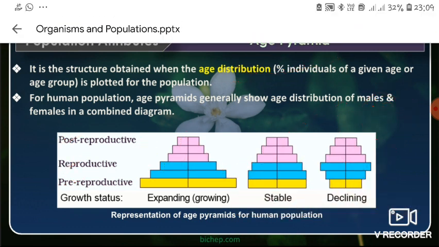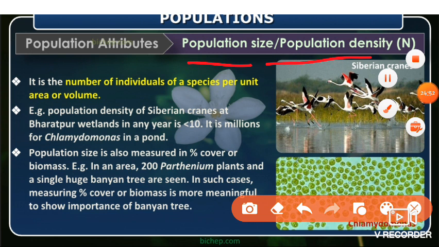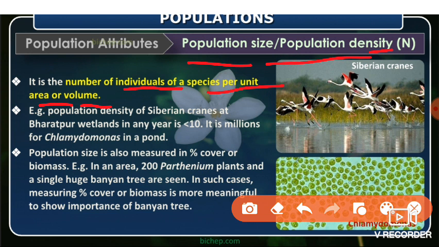And next slide, that is population density. Population density is also important. Please remember the definition they have given here. It is the number of individuals of a species per unit area or volume in a given area.